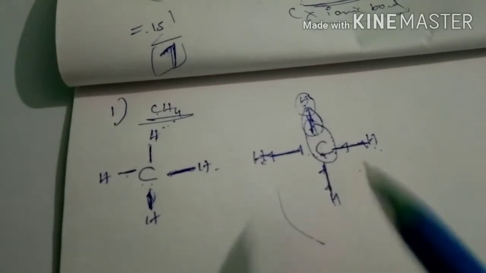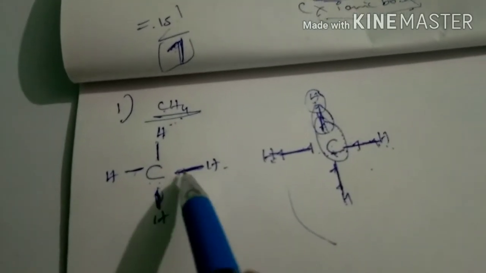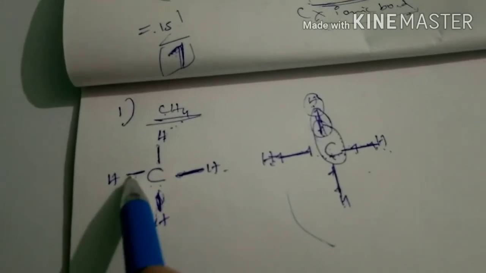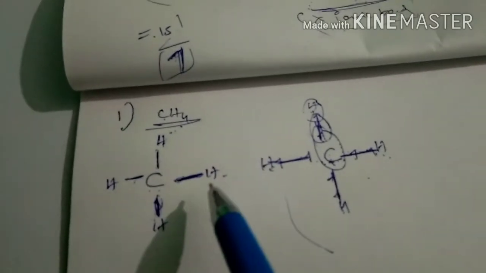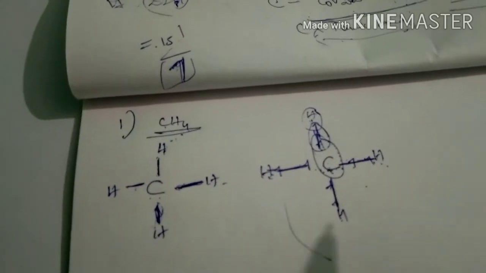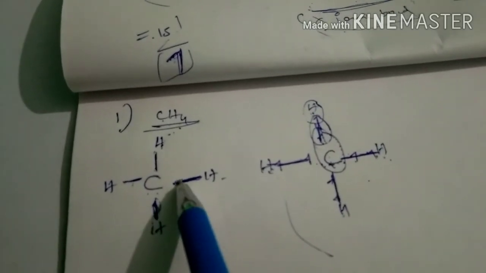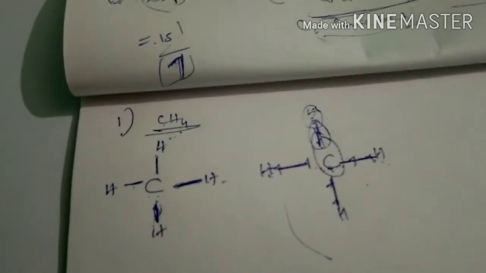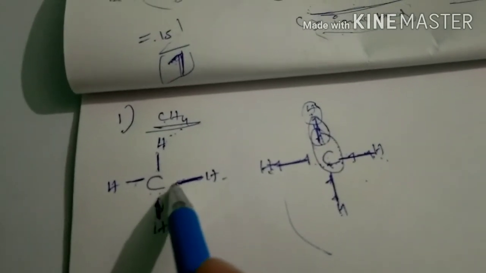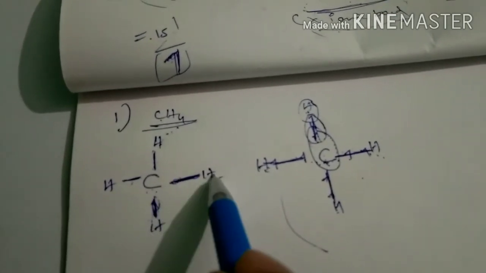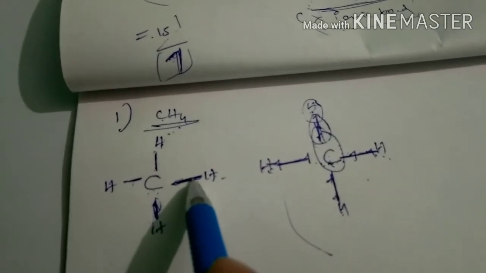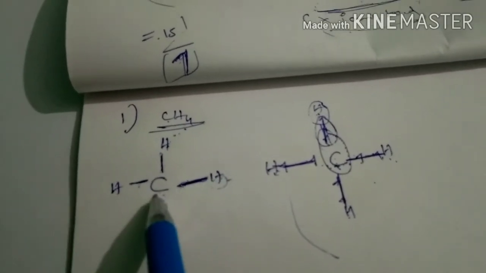1, 2, 3, 4. So what we have to understand: each bond contains how many electrons? 2 electrons. Not only here, anywhere if a covalent bond is formed, then that bond contains 2 electrons. Here one important thing is there. Once a bond is formed between these 2 atoms, those 2 electrons belong to this atom and this atom.